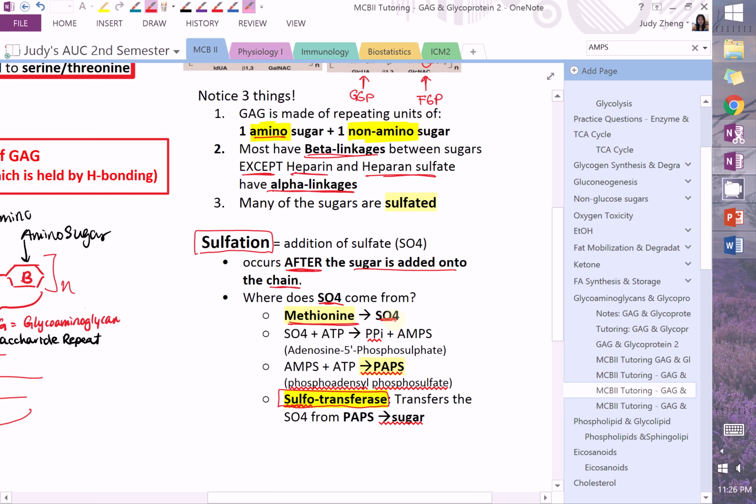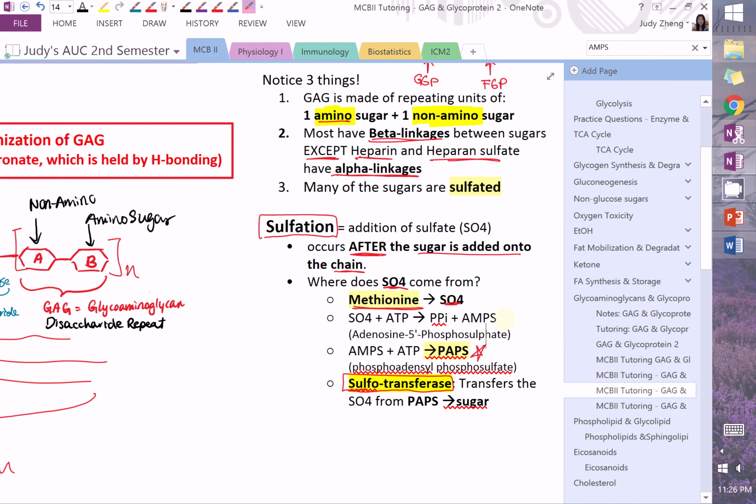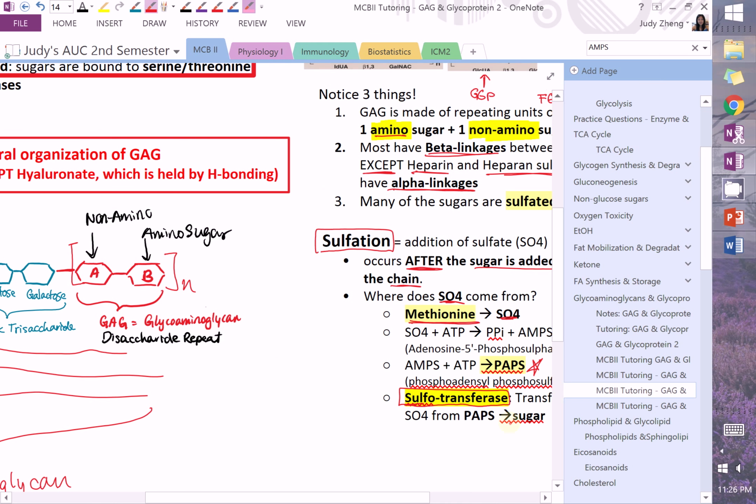There's a whole bunch of reactions, but the most important one is at the end, the sulfur ends up on this molecule called PAPS. And PAPS is short for phosphoadenylyl phosphate. So this is the molecule that ends up donating its sulfur to the chain here.